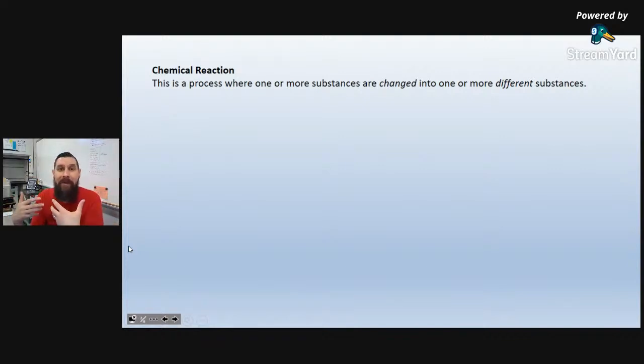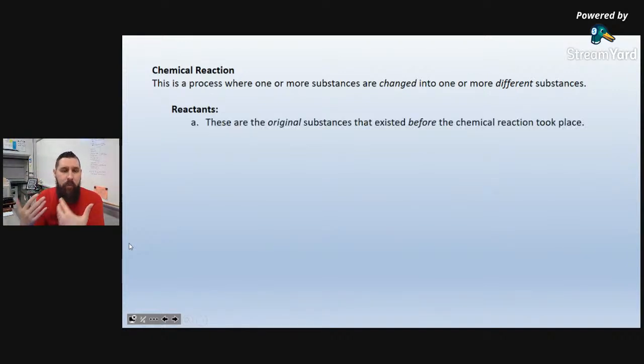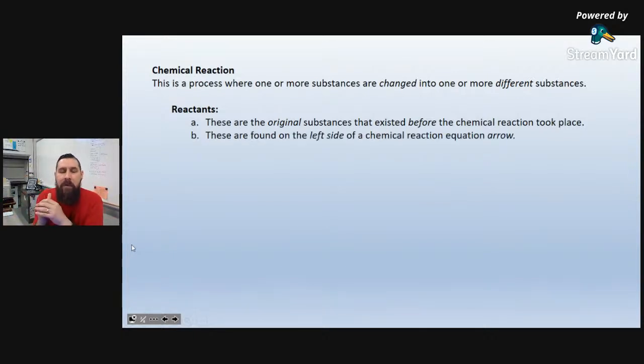Well, anytime that there is a chemical change, that means that we've carried out a chemical reaction. And a chemical reaction is composed of two parts. The first of those are your reactants. These are your original substances. This is what exists before they undergo a chemical change. Within a reaction equation, these are going to be found on the left-hand side of that reaction equation.